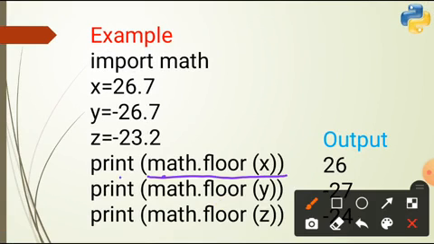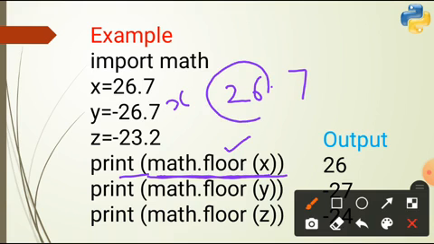So the print statement prints the value which is given inside the bracket. Inside the bracket is the math function and it calls the floor function. So floor of x means it should give the largest integer but less than or equal to the value. So 26.7 is the value of x, and what is the floor value? 26 is the floor value.